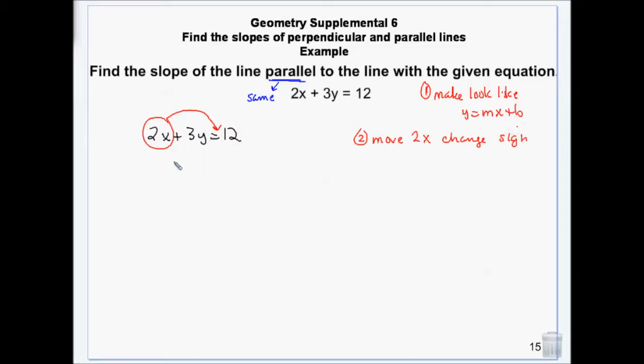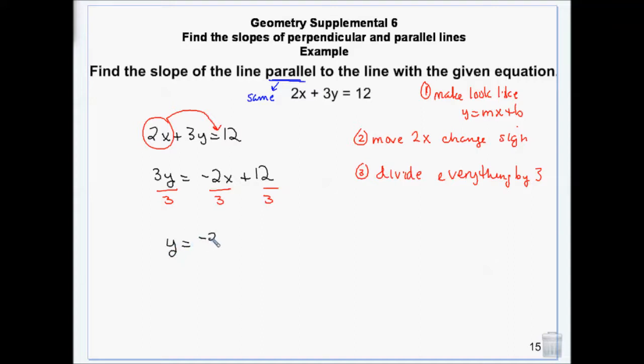Okay, so that becomes 3y is -2x plus 12. And then I'm going to divide everything by 3. So divide by 3, divide by 3, divide by 3. And I get y is equal to -2/3 x plus 4.